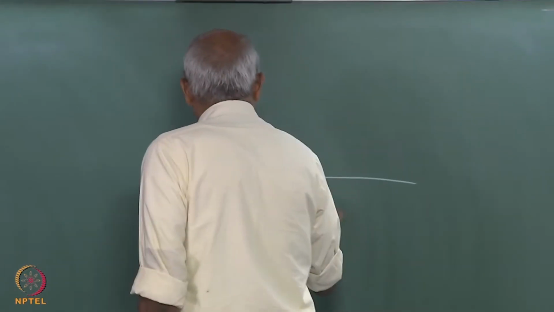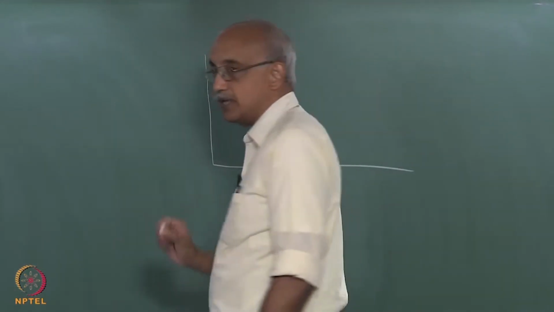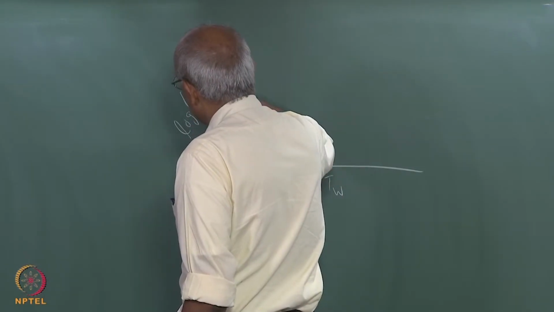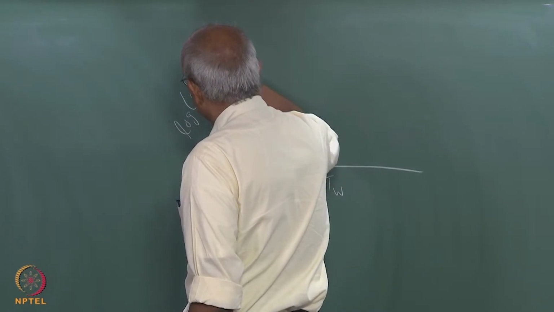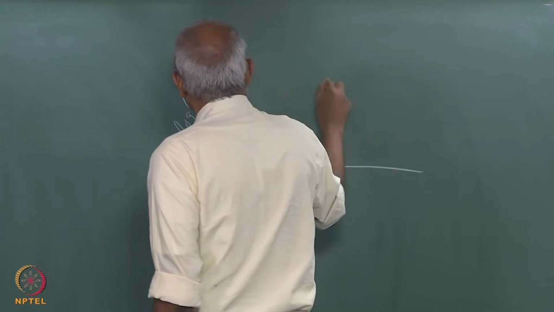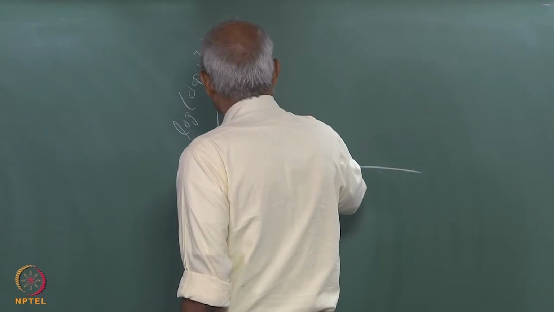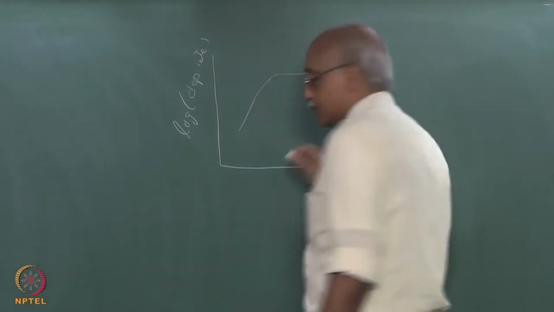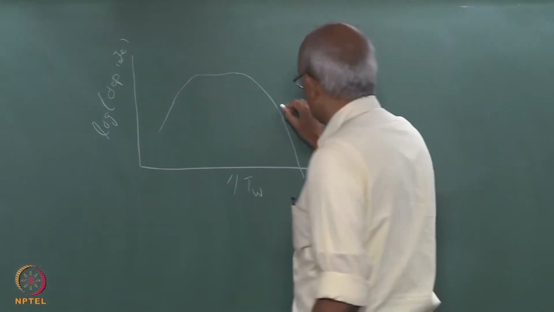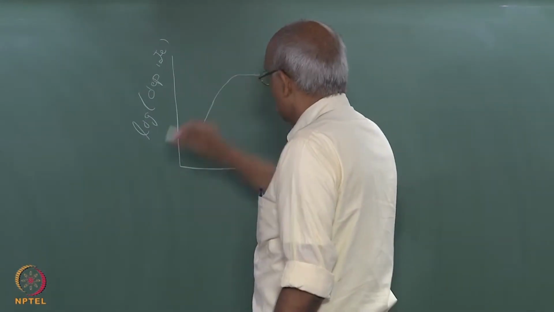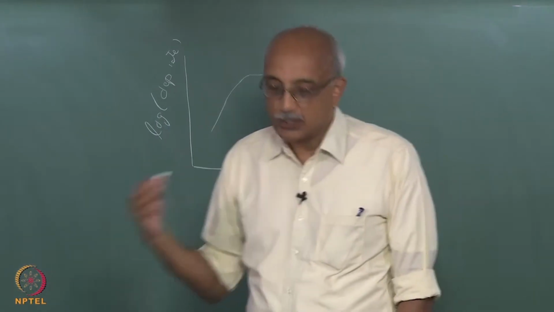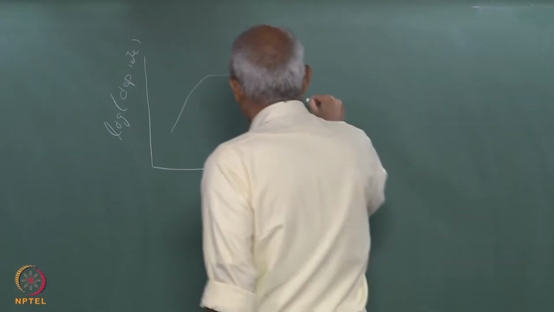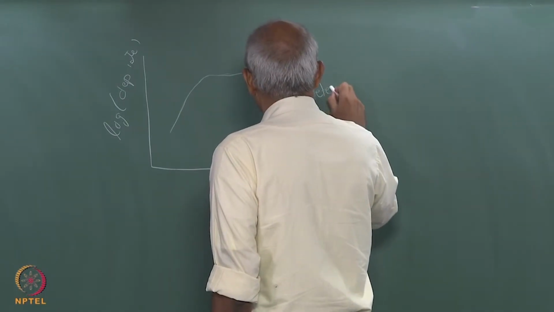If you remember, when you plot the inverse of the substrate temperature against logarithm of deposition rate, you get a behavior that kind of looks like this, right, where this region corresponds to low temperature of the substrate, where the heterogeneous reactions are actually rate controlling.